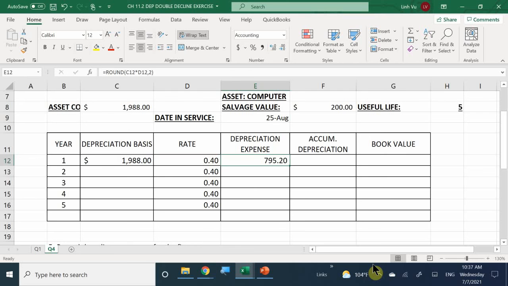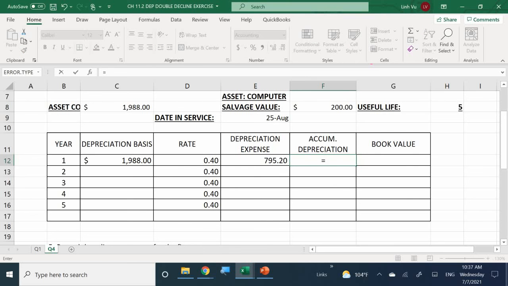Yes. So in this case, I don't know what you used for your depreciation basis, but it should have been 1988. All right, good. Which your accumulated depreciation for the first year is going to be? The accumulated should be the same amount, the 795.20.